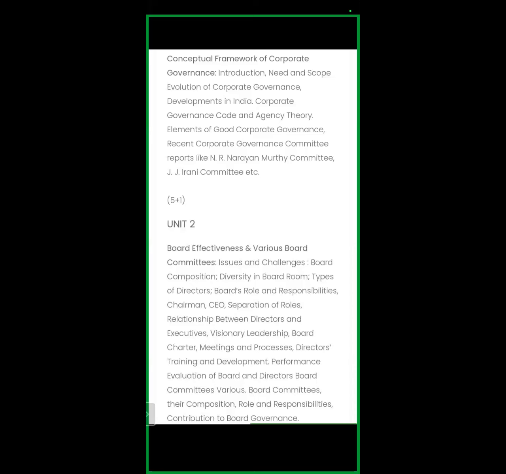Then whether training is required for the directors also. Because please remember that most of the directors are experienced people.